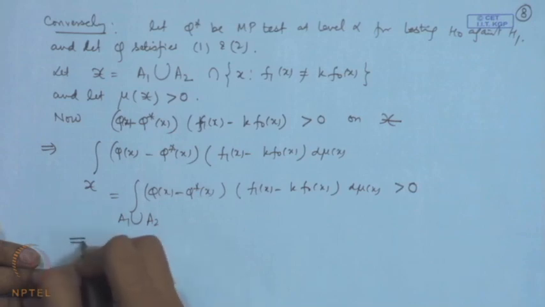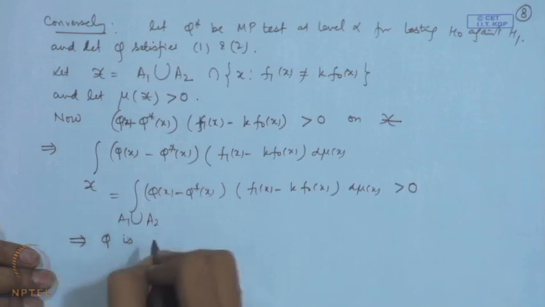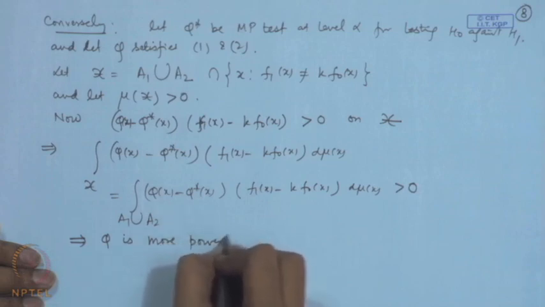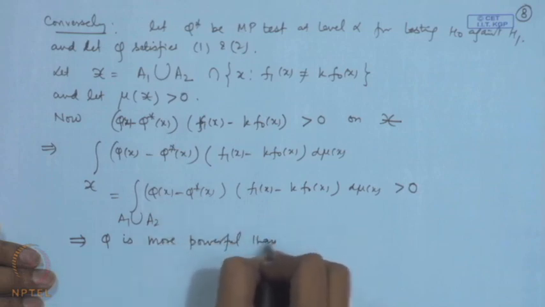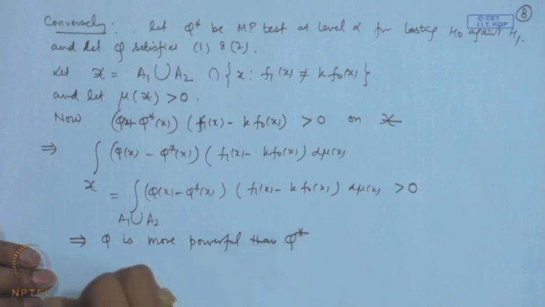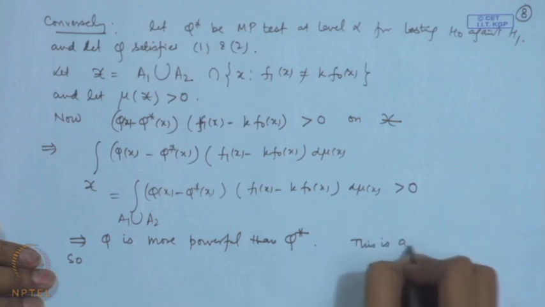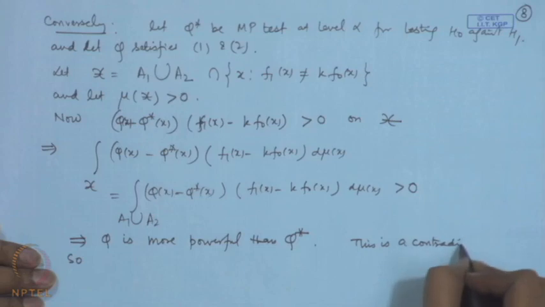Now, this condition implies that phi is more powerful than phi star. So, this is a contradiction, because we assumed that phi star is most powerful.